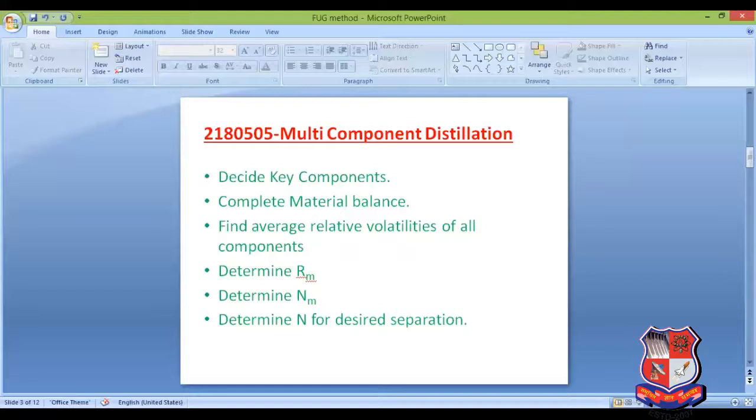If a component whose alpha is 1, that means it is automatically your heavy key. For light key, you have to look at the material balance, right. The component which is in an important amount in the residue, you find out, and the components which are lighter than that will be your light key. Vice versa, you go for material balance and check the component, the heavier component that will be absent in the distillate, that component will be my heavy key, right.